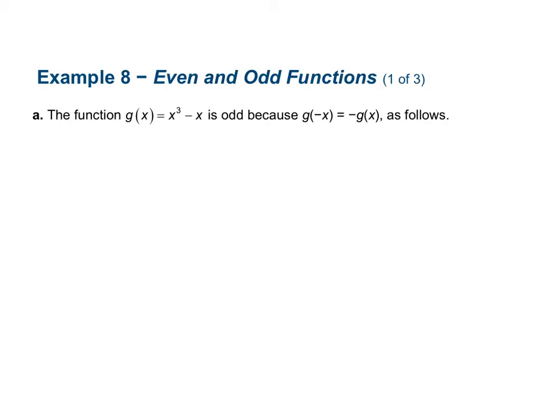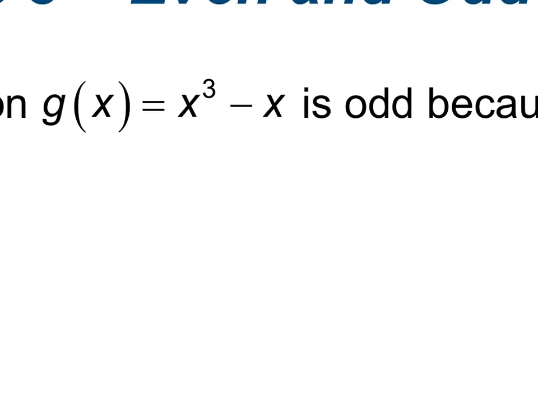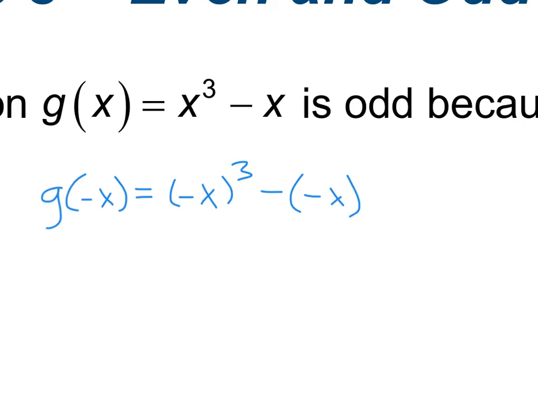So in our example here, the function g(x) = x³ − x is odd because when we plug in negative x, we get the negative version of our function. So let's plug in a negative x and see what we get. We take all of our x's in this equation and plug in a negative x. So g(−x) = (−x)³ − (−x). And now we just simplify. (−x)³ would be −x³.